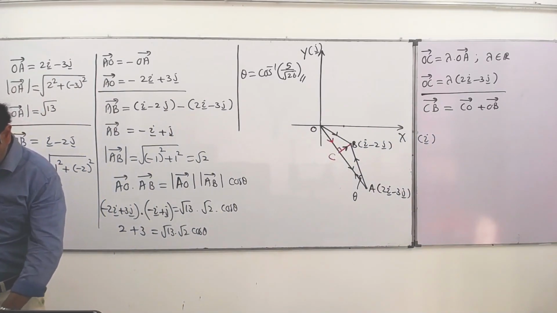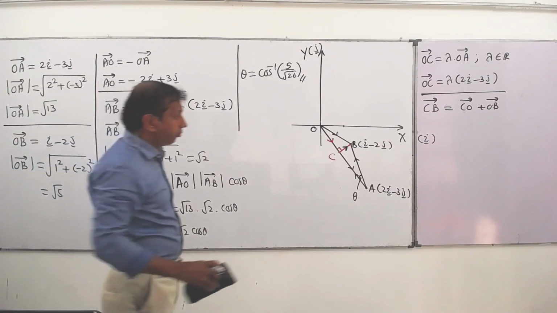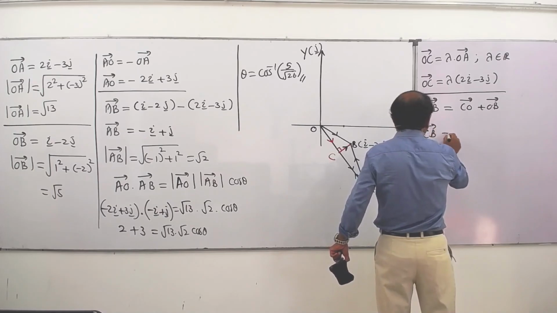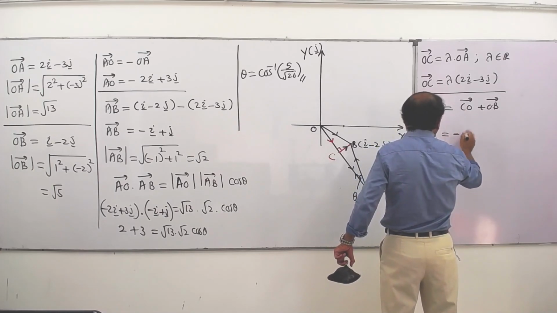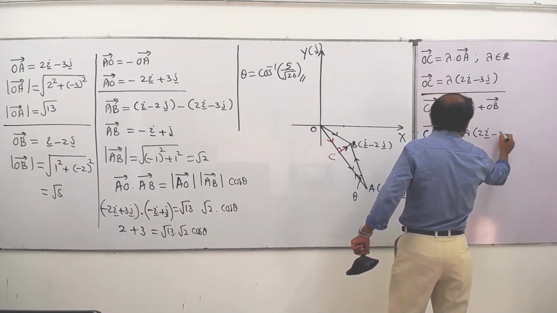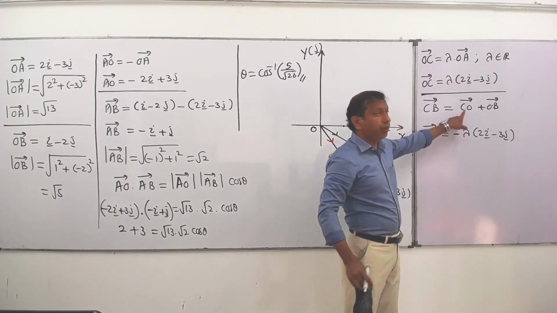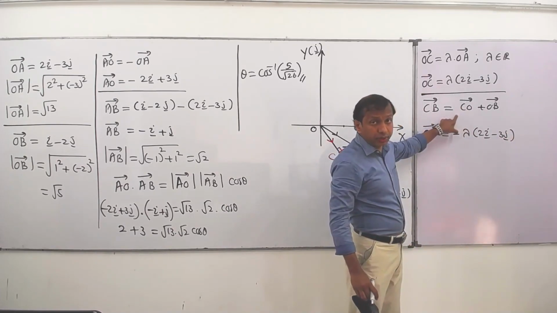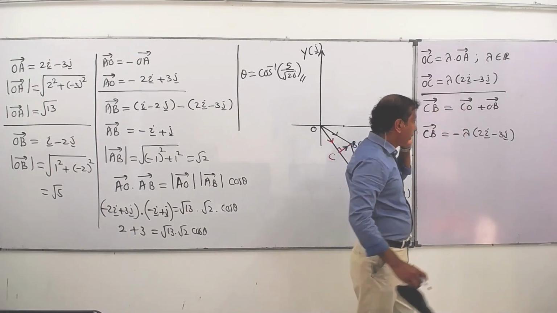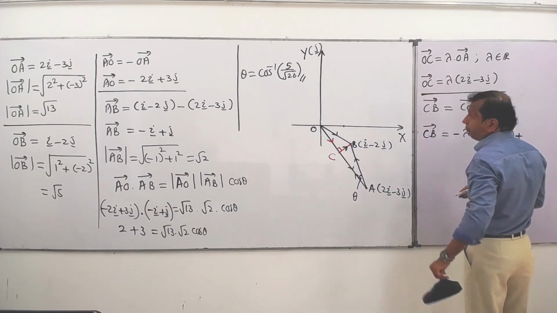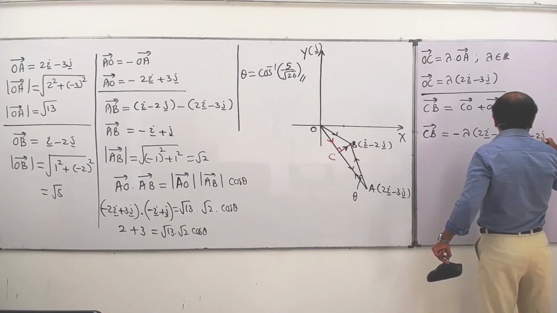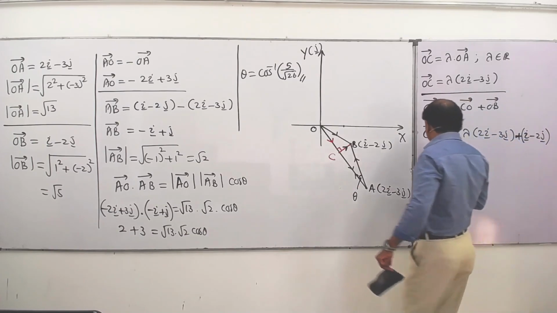We can write the CB vector like this. CO means minus OC, and this is your OC vector. Plus the OB vector, which is given as i minus 2j. Then I can write the CB vector.